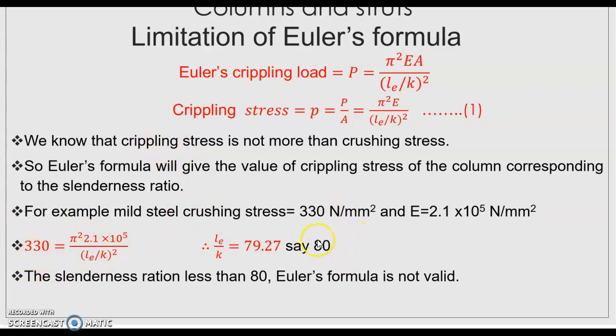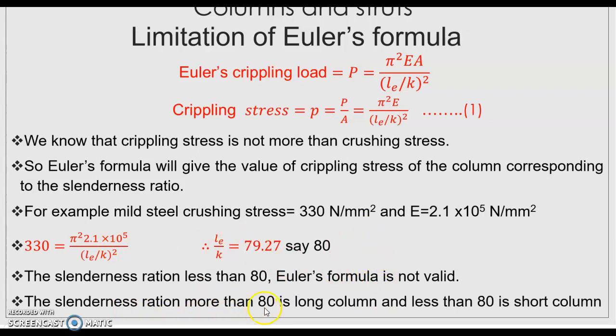If L by K is less than 80, Euler's formula will not be valid. So a slenderness ratio more than 80 is a long column and less than 80 is a short column. Therefore, Euler's formula is valid only for long columns.